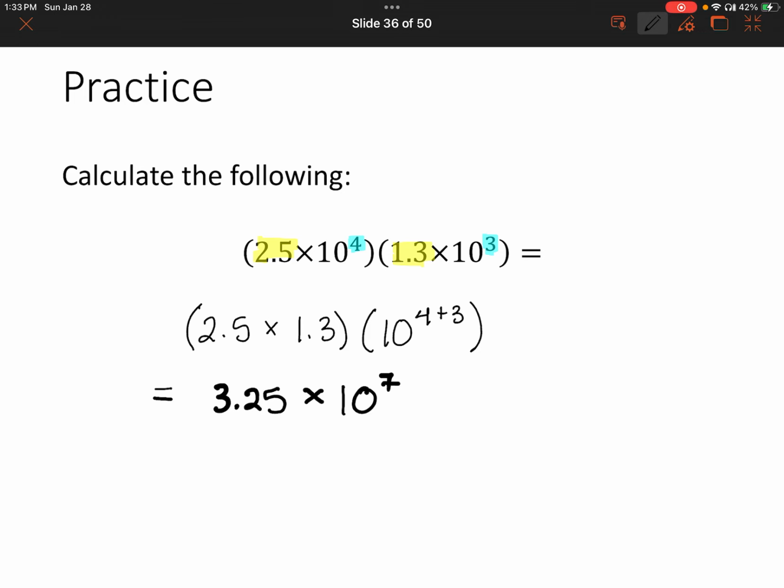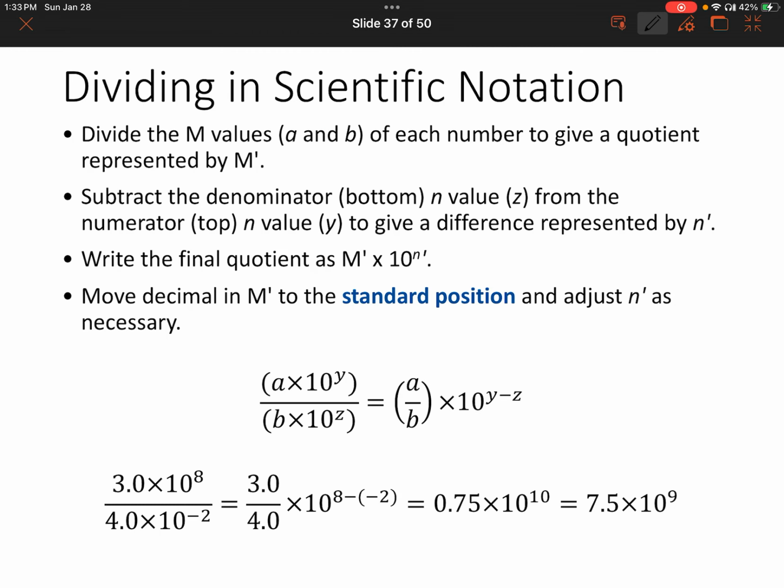All right. So let's say you want to divide two numbers in scientific notation. So this will be a similar process, except instead of multiplying the coefficients, we're going to divide the coefficients. And instead of adding the exponents, we're going to subtract the exponents.